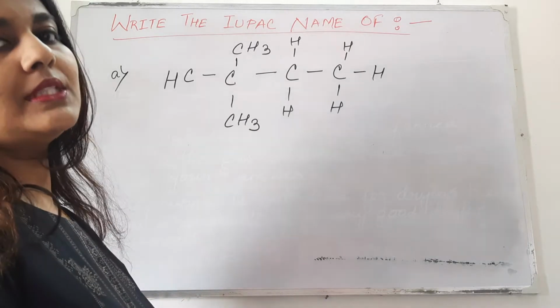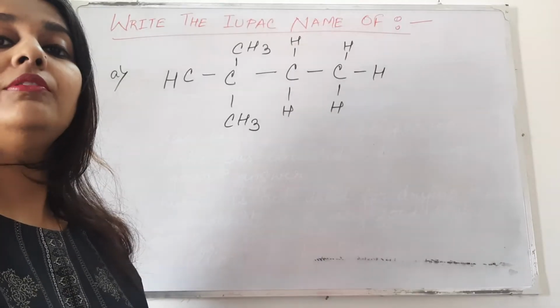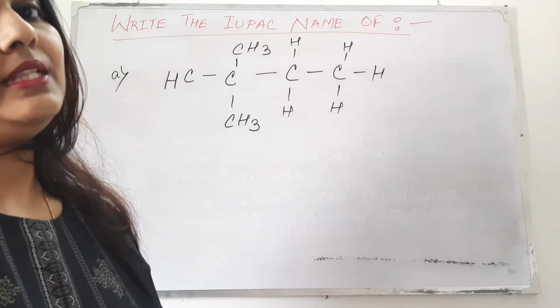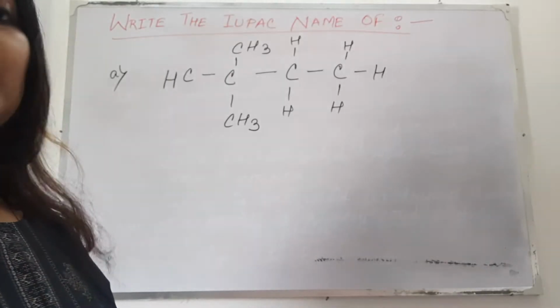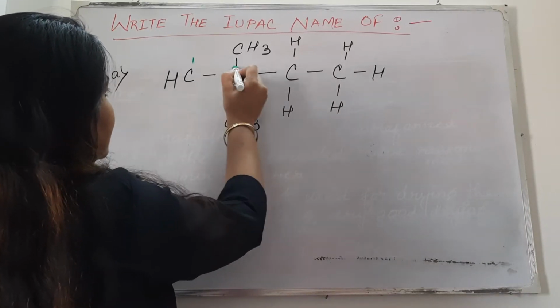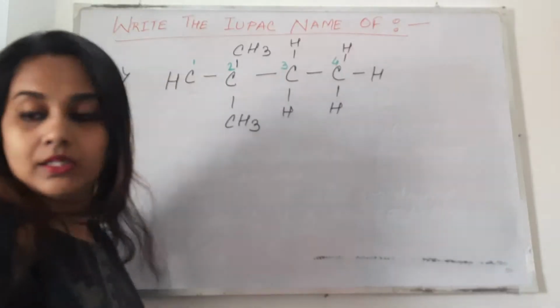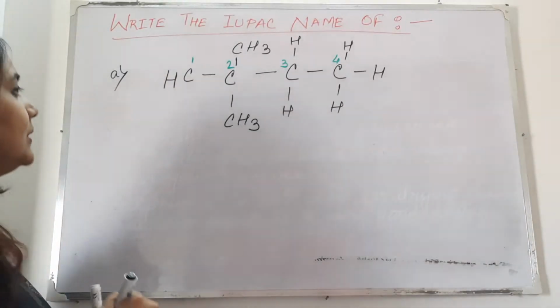If you want to name this compound, we have to think of the number of carbon atoms present in it. What is the number of carbon atoms present in this? 1, 2, 3, 4. Yes, the number of hydrogen atoms are less here.